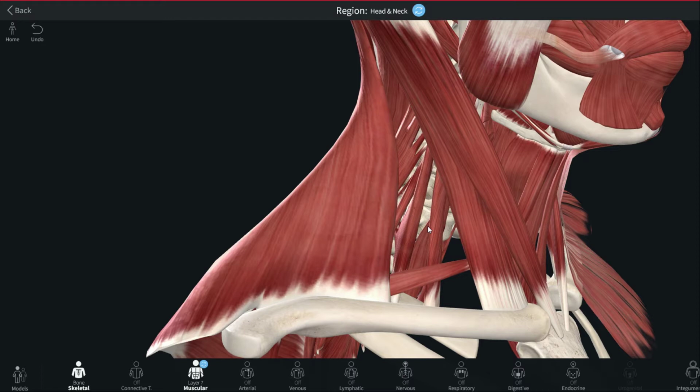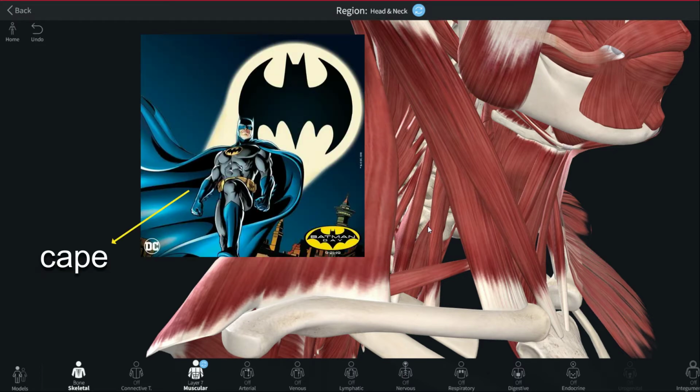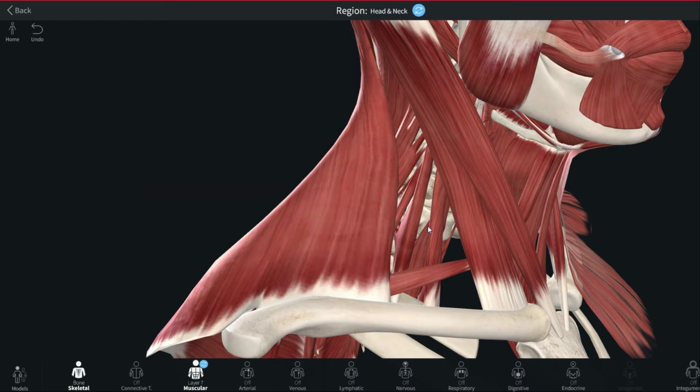So here is the thing: the same cape, cape, like the superheroes, they have capes behind their back. Batman, Superman, they have capes, right? The same cape of Shay Cormac. Shay Cormac is the name of someone.